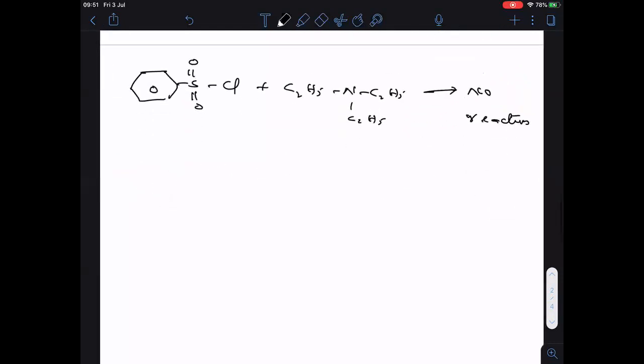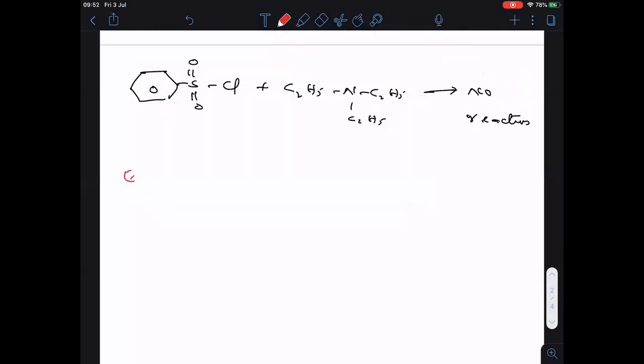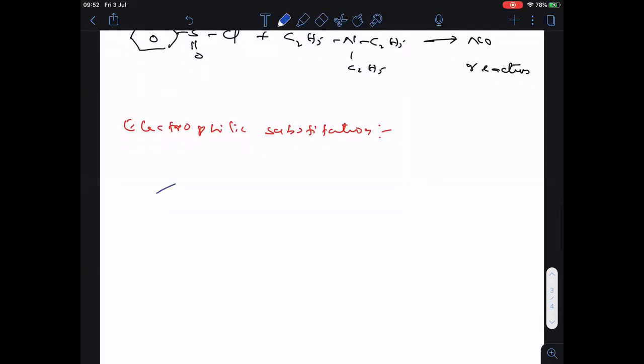Followed. Now let us enter into the next chemical property, that is electrophilic substitution. Clear? Now here I am taking aniline.